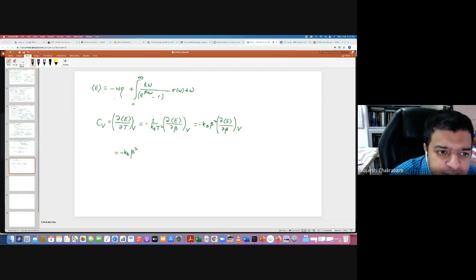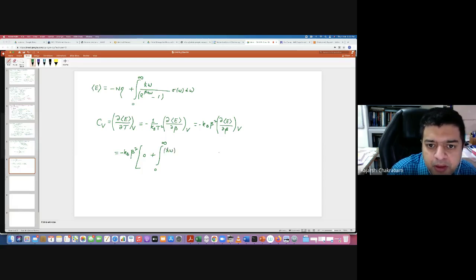Now I have to differentiate again this with respect to beta. What am I going to get? Zero plus, the integration, let it be like this. Just recalling again, I have done it so many times that people also ask me, sir, how do you do this? What is the formula?